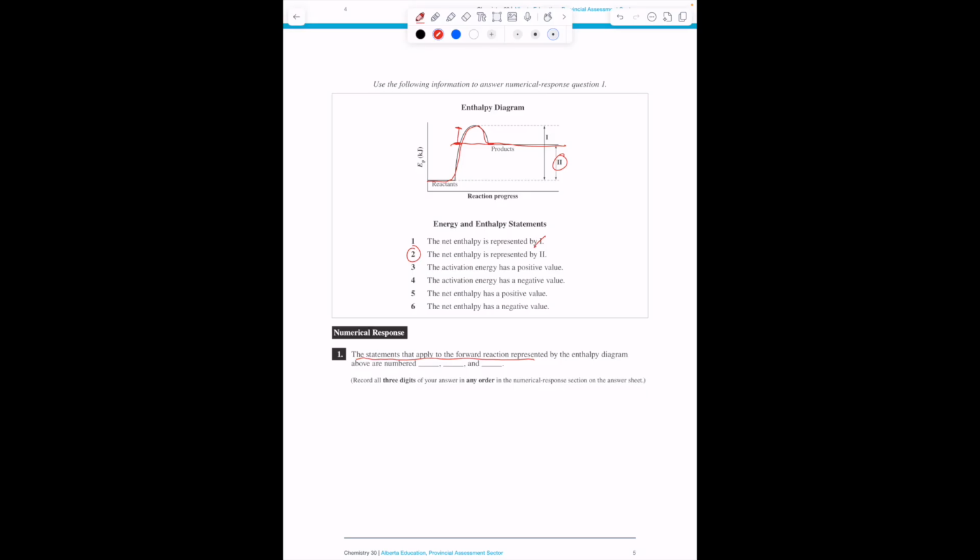That would be a positive value, not a negative value, because we're going up. The net enthalpy, that means my delta H value here. The graph is going up, so it has to be a positive value. So the answer is 2, 3, 5. Perfect. Let's keep going.